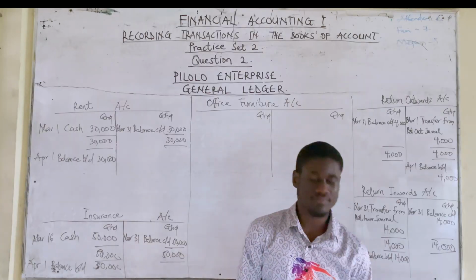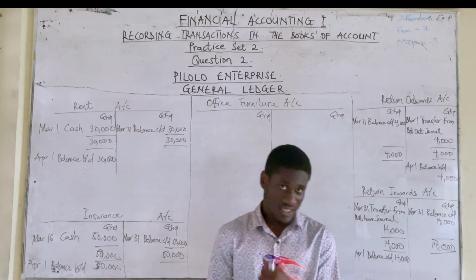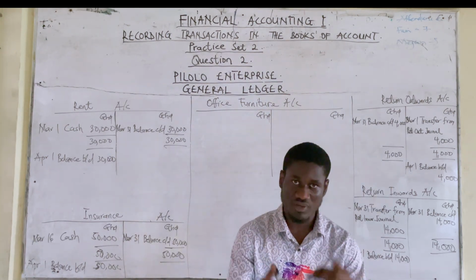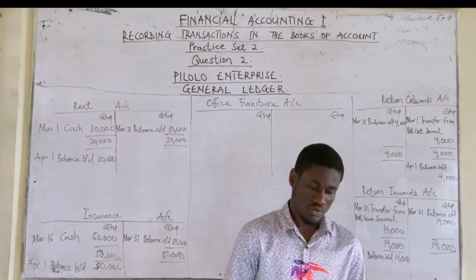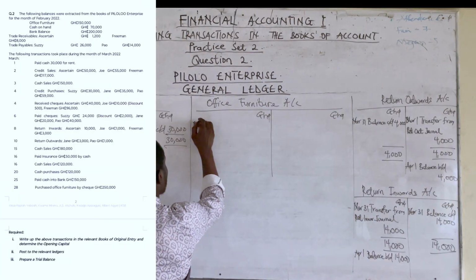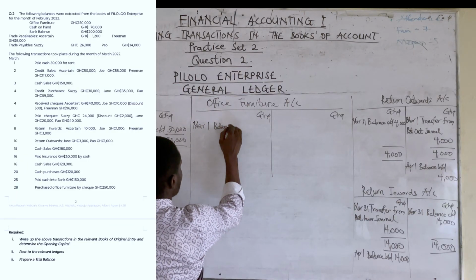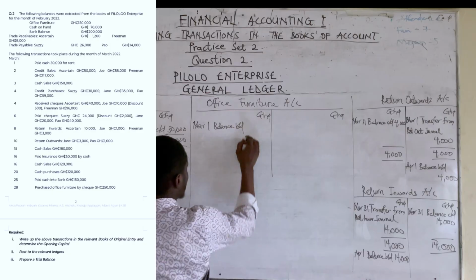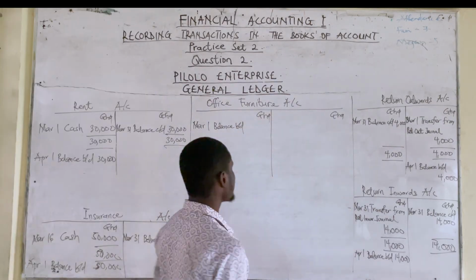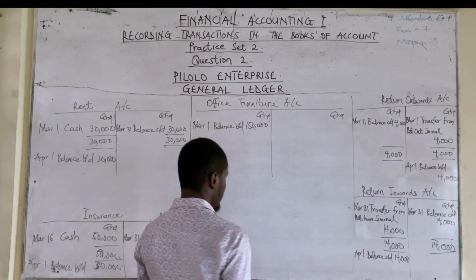We should know that this office furniture had a balance. It had an opening balance. So we are going to use that opening balance to start the account. So March 1st, balance, and the opening balance was 150,000. Good.